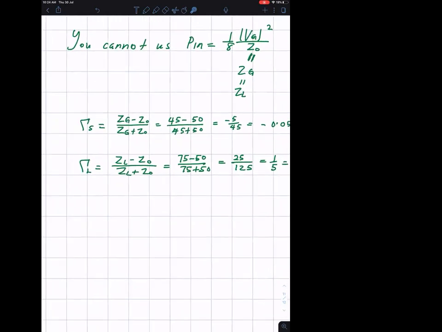There's one more thing that you need to calculate, which is e to the minus j2 beta L. 2 beta is 2 pi over lambda, multiplied by the length, 11 lambda.